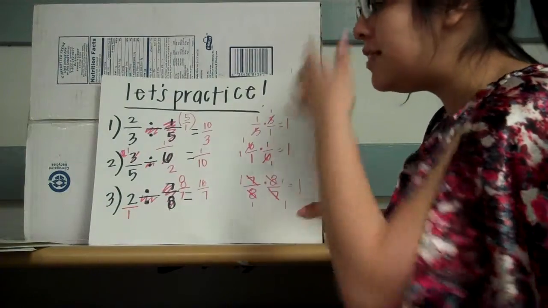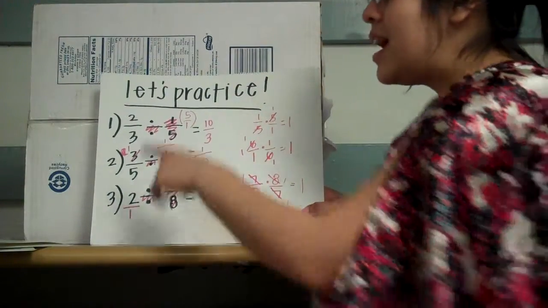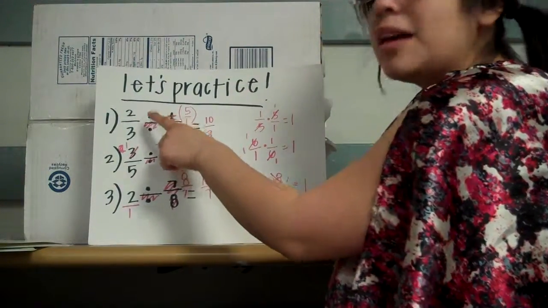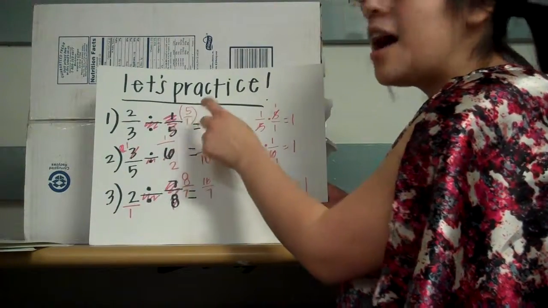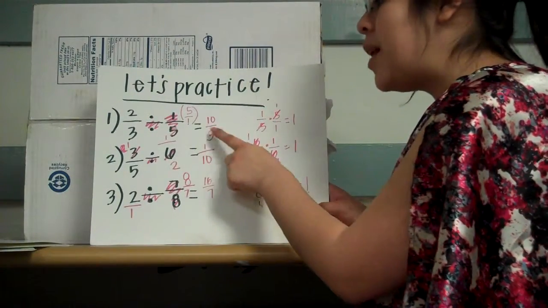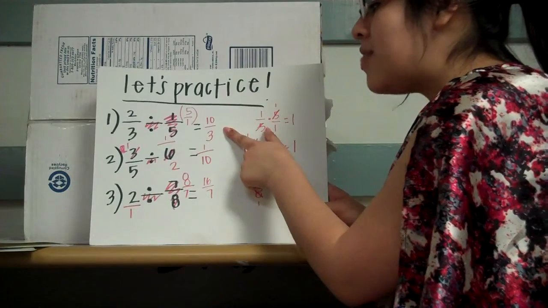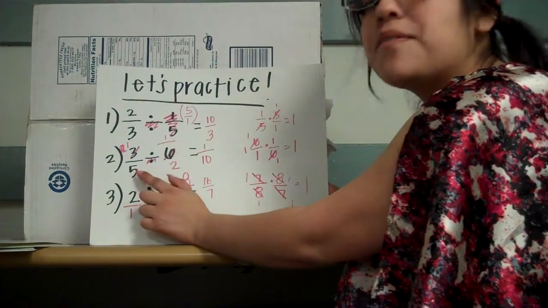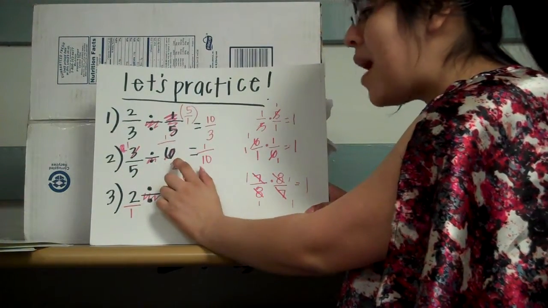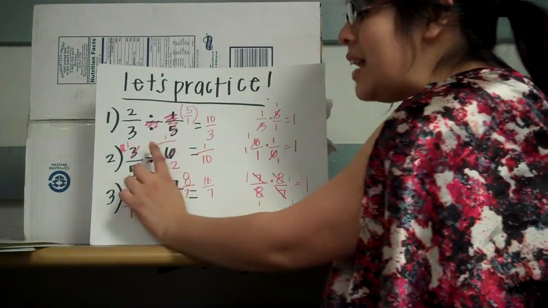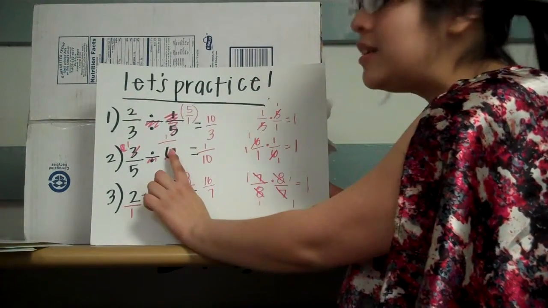So we have 2/3 divided by 1/5. Here I said 2, but wait, we're multiplying basically times 5 over 1, which gives us an answer of 10/3. Here we have 3/5 divided by 1 over 6. And you see that with that we do have a reciprocal.